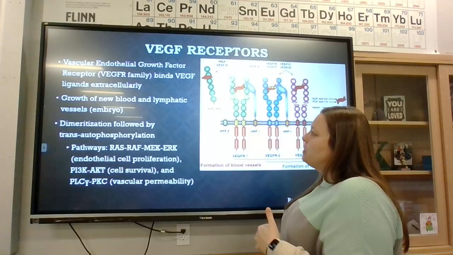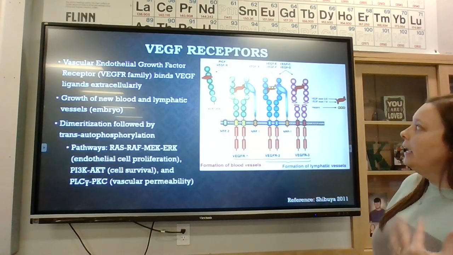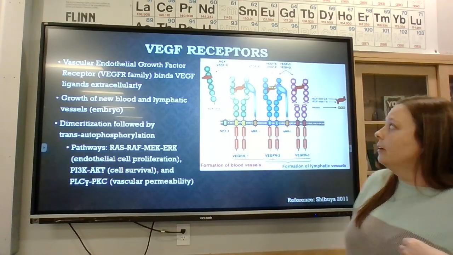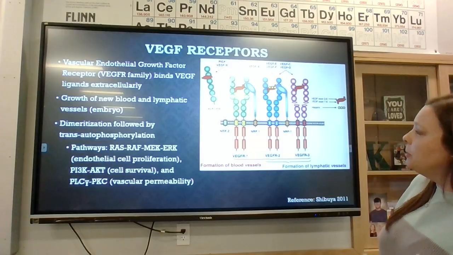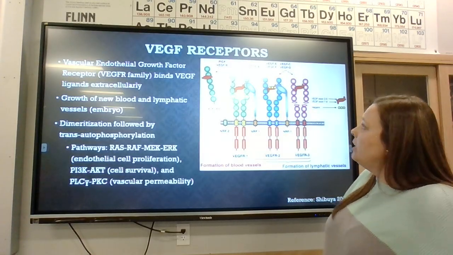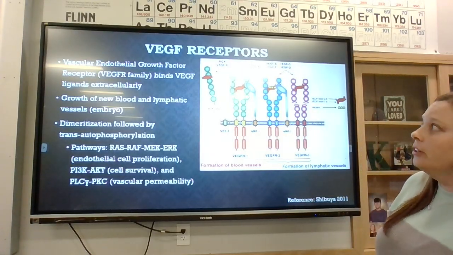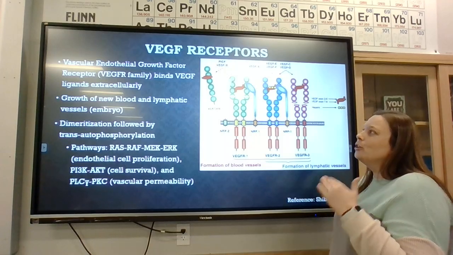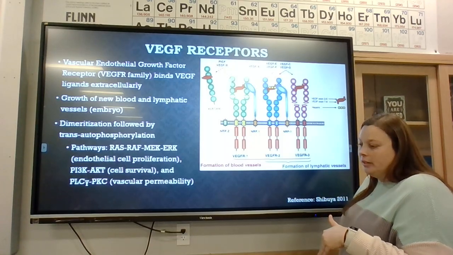Now, for this particular enzyme, it again acts as a dimer, okay? So we get attachment of the VEGF, which is your vascular endothelial growth factor, okay?